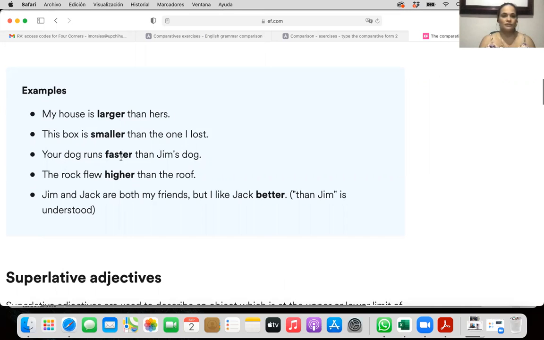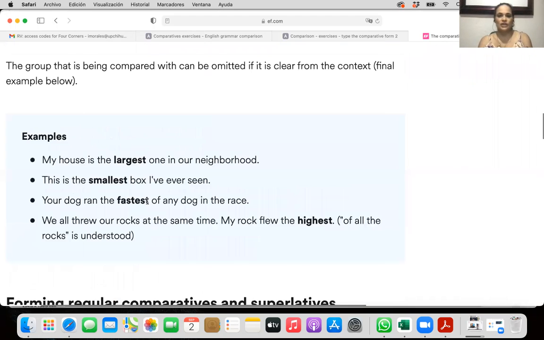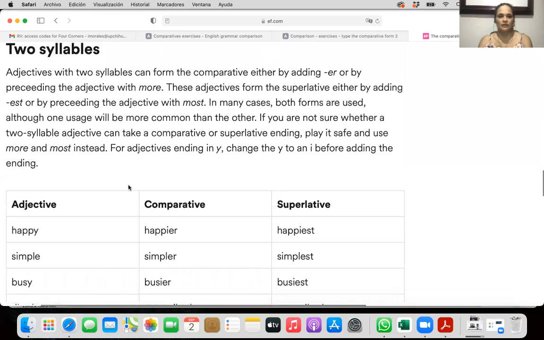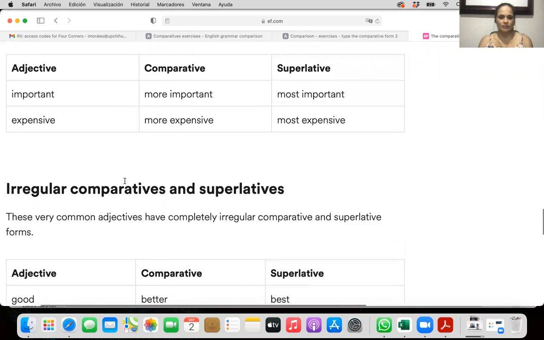Your dog runs faster than Jim's dog. Another one is high. So higher: the rock flew higher than the roof. Okay, so we have these examples of monosyllable adjectives changed into comparative form. Those are just some examples.